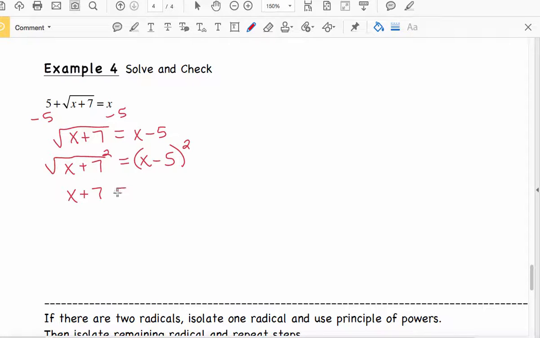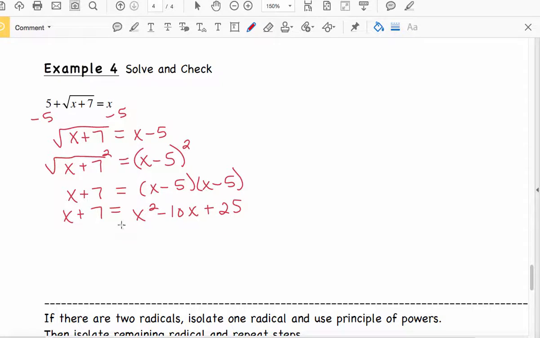And on the right side, you actually have to expand out x minus 5 squared and FOIL. So we have x plus 7 is equal to x squared minus 5x, and then my inner terms will be another 5x, so altogether we have minus 10x, and then plus 25.